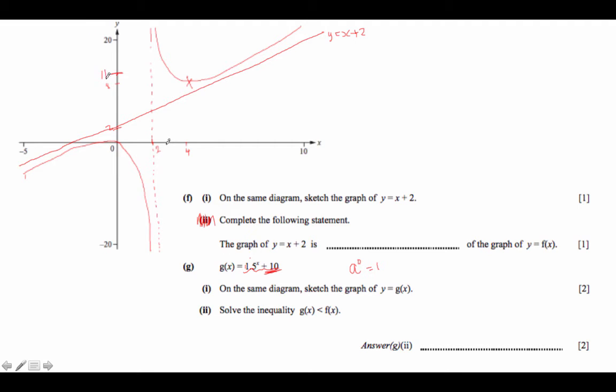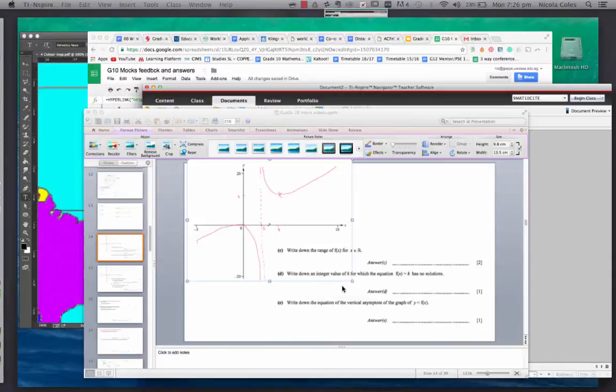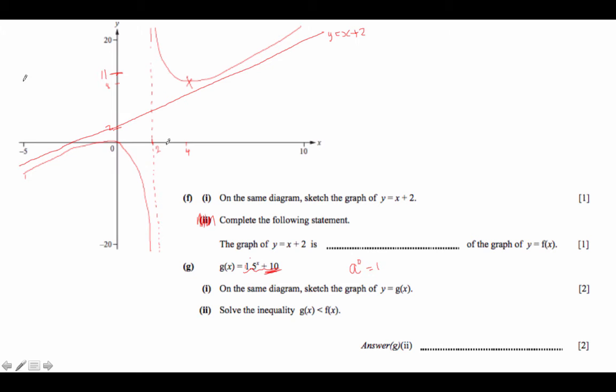So if you're drawing a sketch for 2 marks, you'd want to add on where it crosses the y-axis, which is at plus 11. Then you want to make sure you get the shape right as well. So it's this exponential curve coming something like this. Now at this point, it'd be a good idea to label each of these graphs because it can get a little bit confusing. 1.5 to the power of x plus 10.